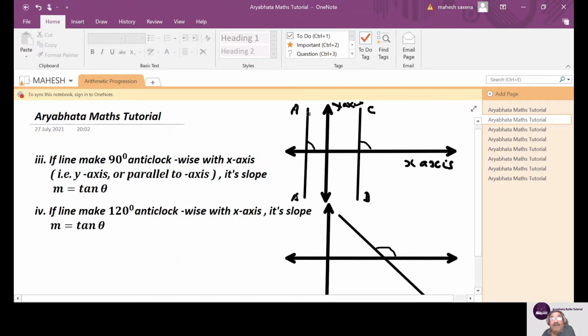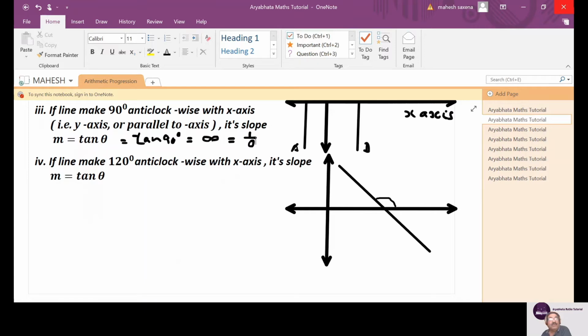Therefore, the slope of line AB, the y-axis, CD and the other lines perpendicular to the x-axis is m equal to tan theta, that is tan 90 degrees. Tan 90 degrees is equal to infinite. We can take it as equal to 1 upon 0.